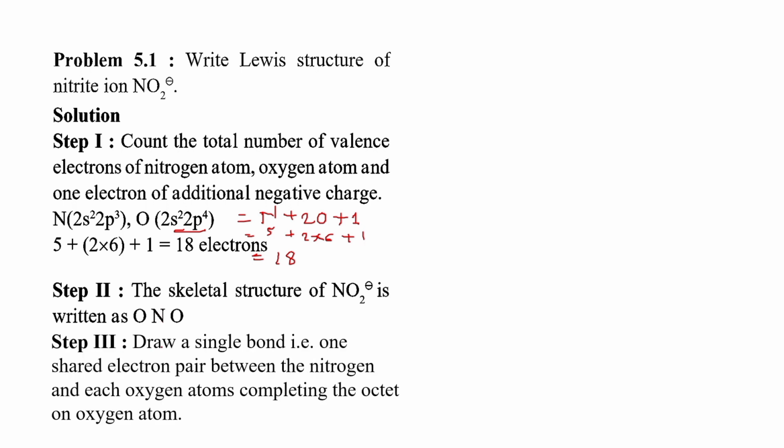Step 3. Draw a single bond, that is one shared electron pair, between the nitrogen and each oxygen atom for completing the octet on the oxygen atoms. Look at the skeletal structure of nitrite, which is ONO. First we write their valence electrons.